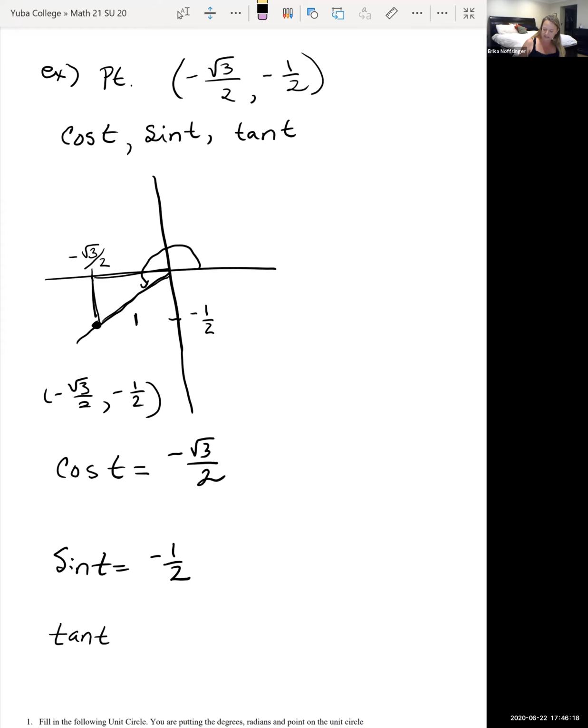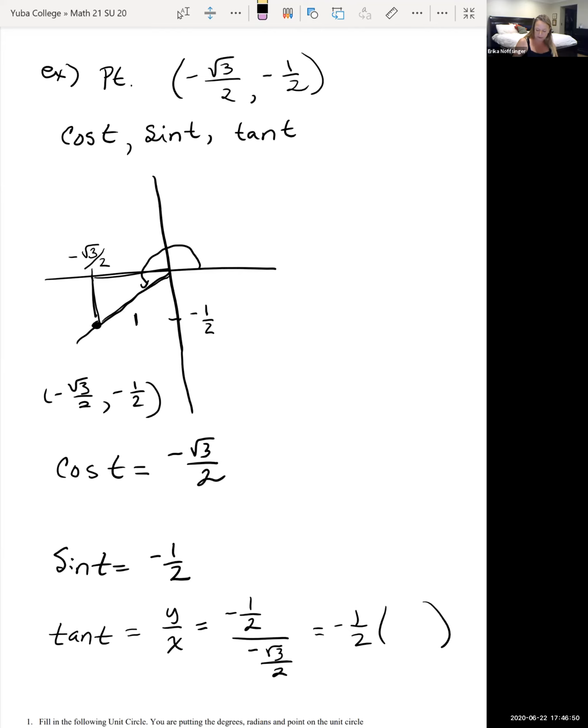Tangent of t is equal to y over x. So my y value of my point is negative 1/2, and my x value is negative root 3 all over 2. So think of this as division of two fractions. Take the fraction in the numerator times the reciprocal of the fraction in the denominator.